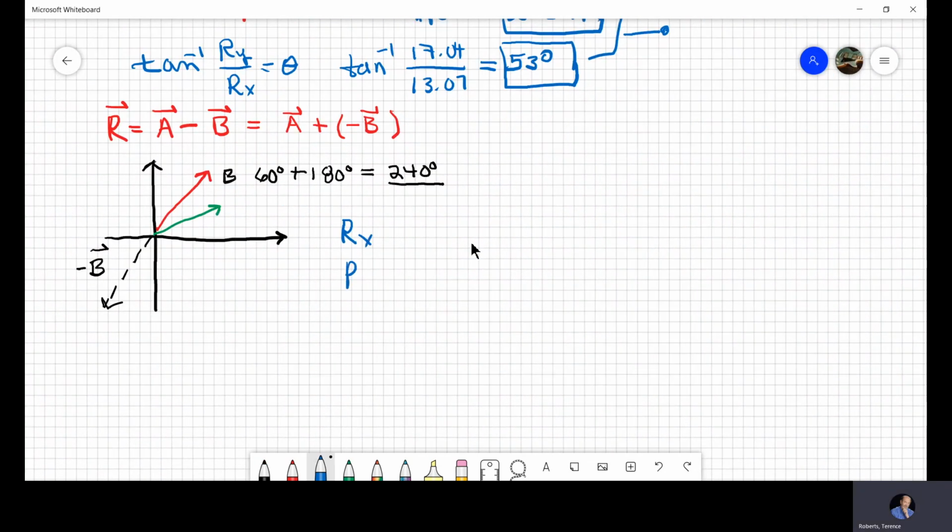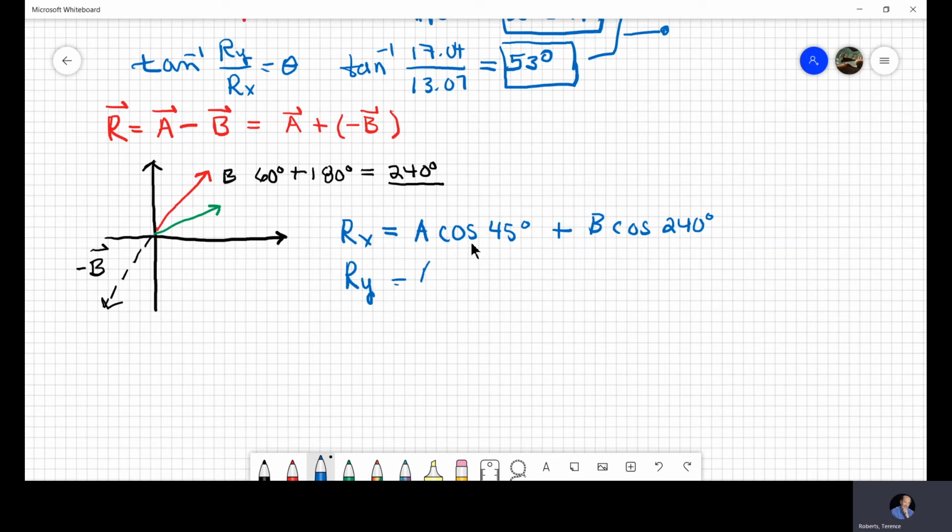Rx, I'm going to set these up so you'll get some idea of what has to be done. We have A, the cosine of 45 degrees, plus B, the cosine of 240 degrees.